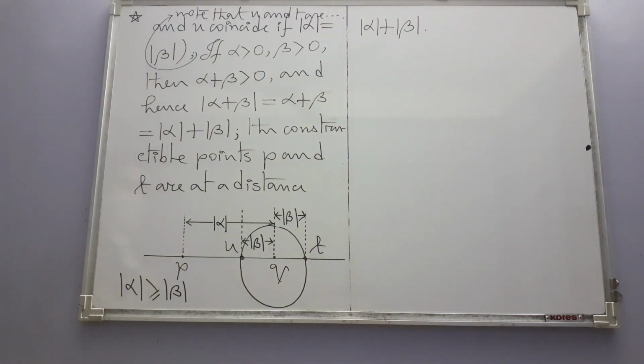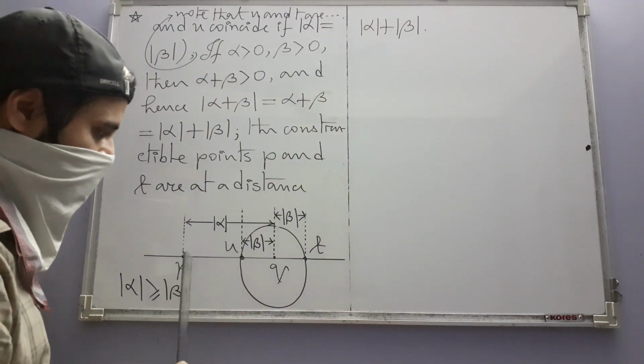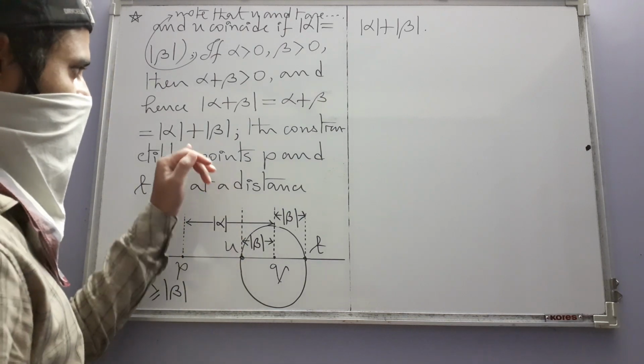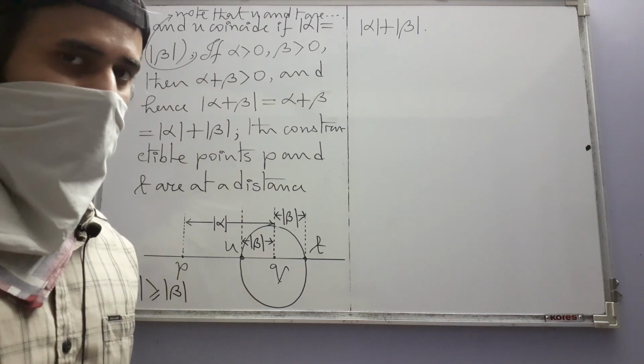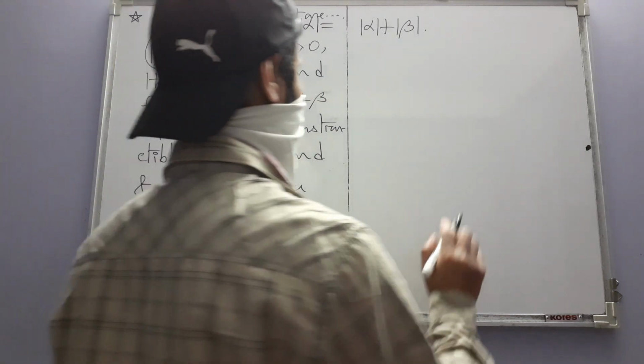So that means at least in this case we have actually found two constructible points such that the distance between them is this and hence this. But that is not the only case, there are others also.